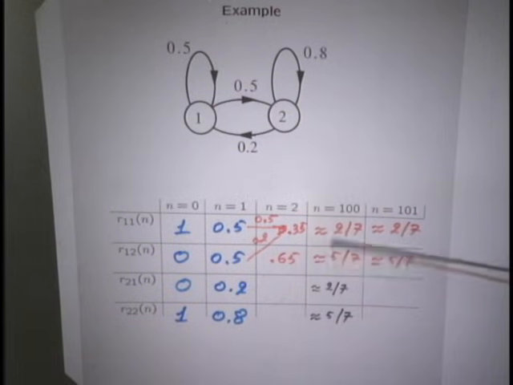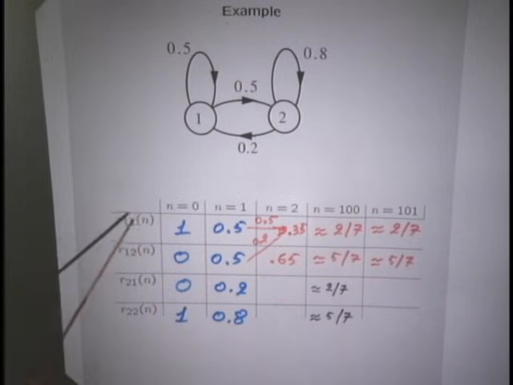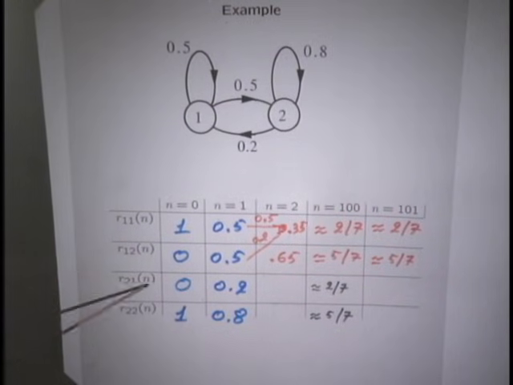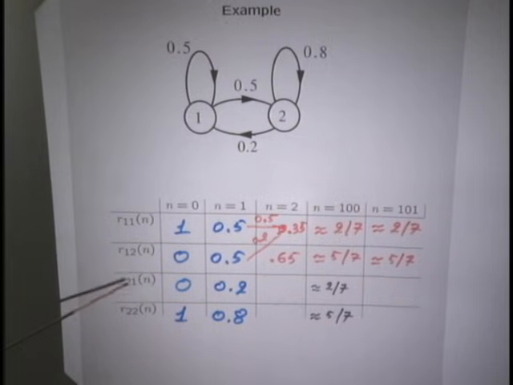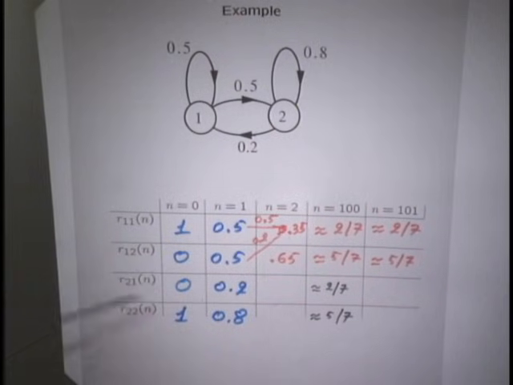What's the difference between these? This is the probability that I find myself at state 1, given that I started at 1. This is the probability that I find myself at state 1, given that I started at state 2. These probabilities are the same no matter where I started from.